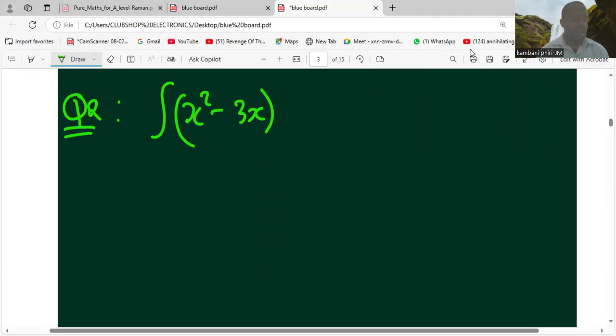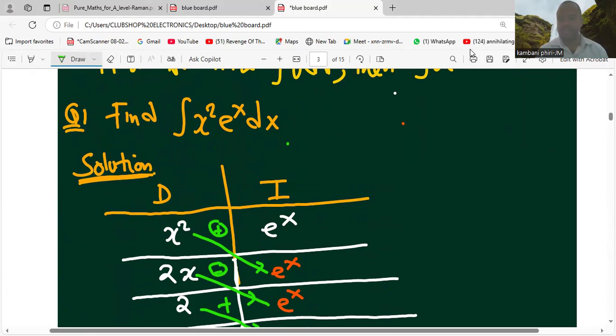Next, maybe I can pick another question. Maybe question 2. We have this one. We need to find the integral of x squared minus 3x times e to the x with respect to x.